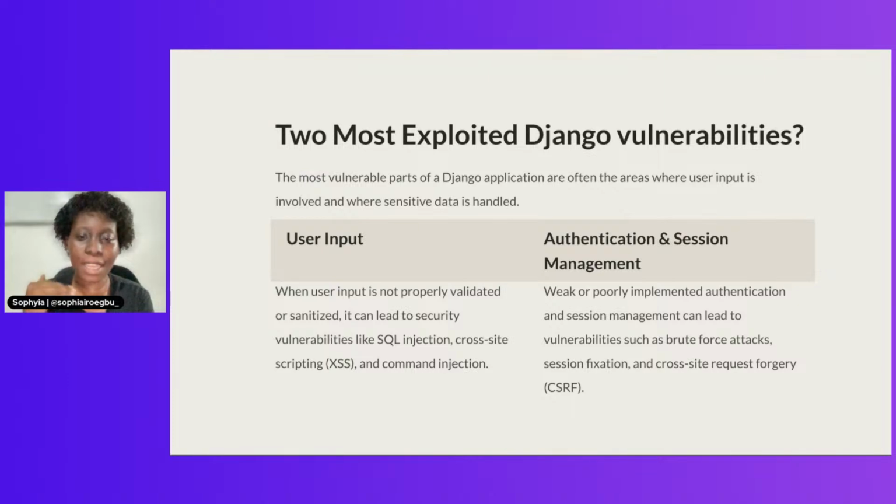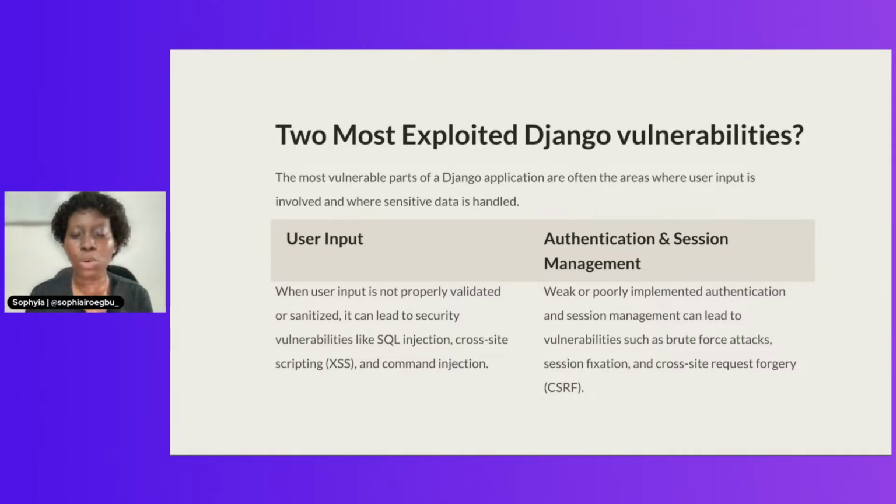From user inputs, we can have attacks like SQL injection attacks, cross-site scripting, and some other attacks. Now, how can a cyber attacker attack your Django project through user inputs? They do this when you do not properly sanitize or validate your user inputs.